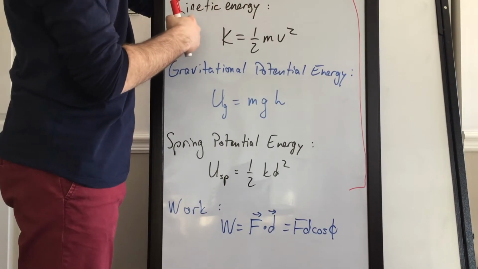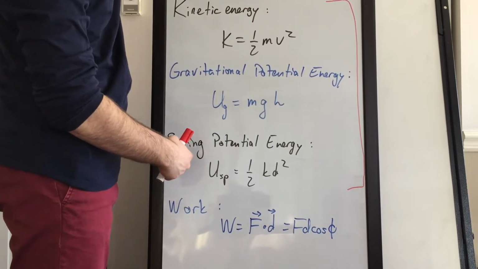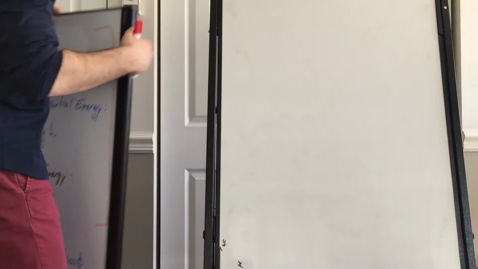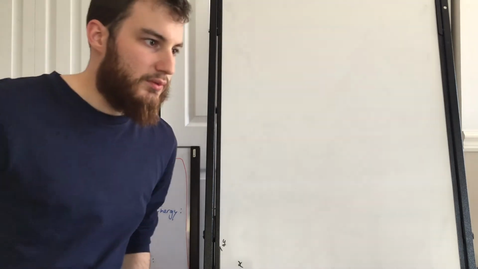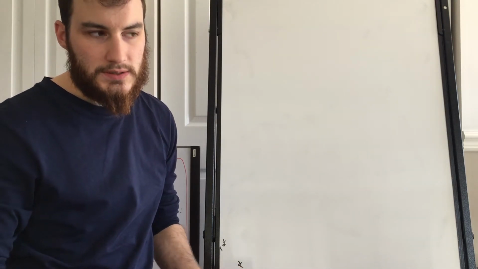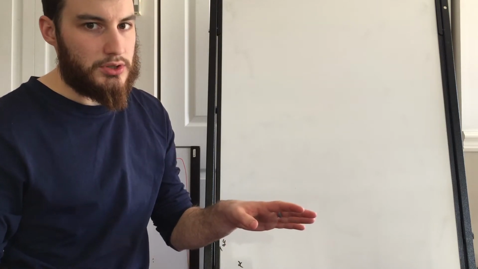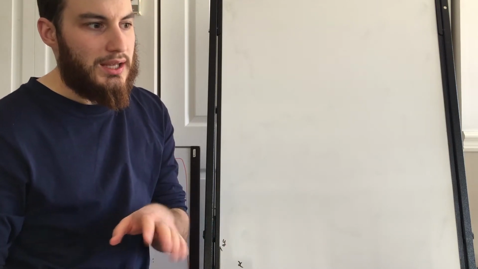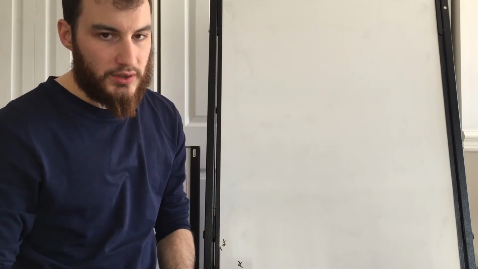An object that has a combination of kinetic energy, gravitational potential, and spring potential energy has mechanical energy. Often it will have kinetic energy and one of the two potential energies. It probably never will have just kinetic energy and no potential energy, at least not if we want to consider the conservation of energy.